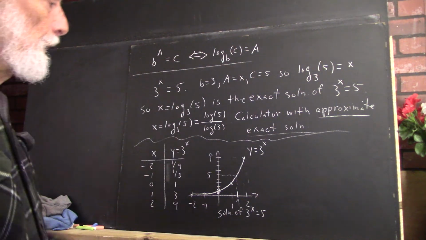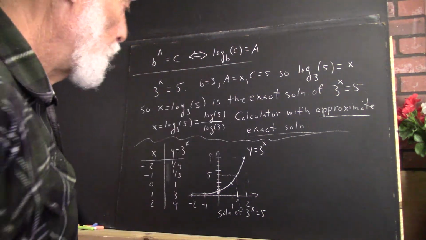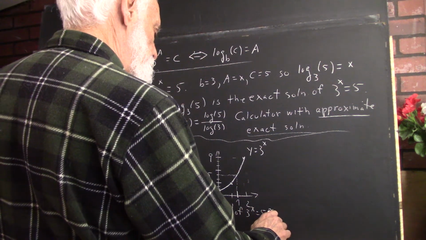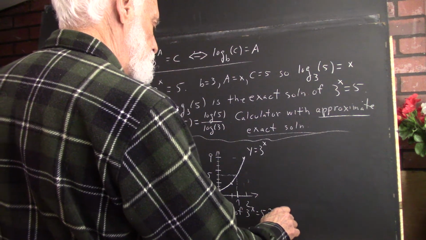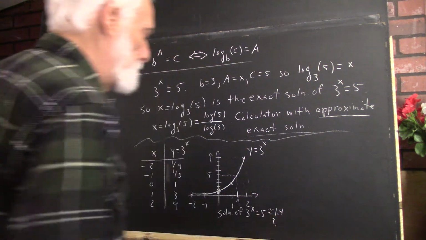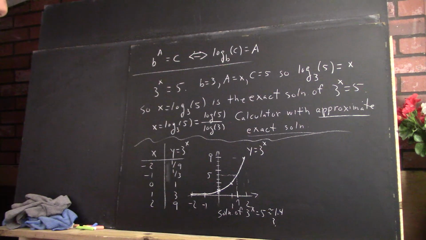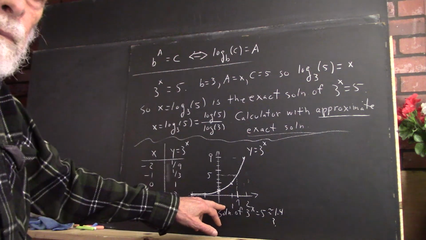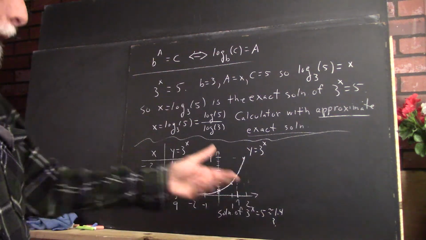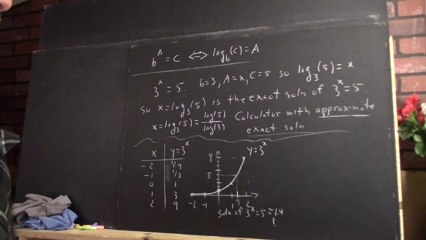And it appears to be maybe 1.4. And we'll put a question mark on that. But there's a graphical picture of a solution of this equation, and that's an important picture.